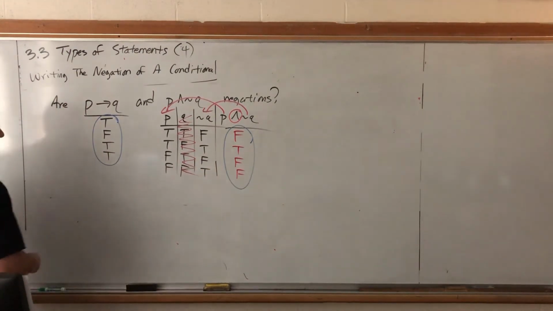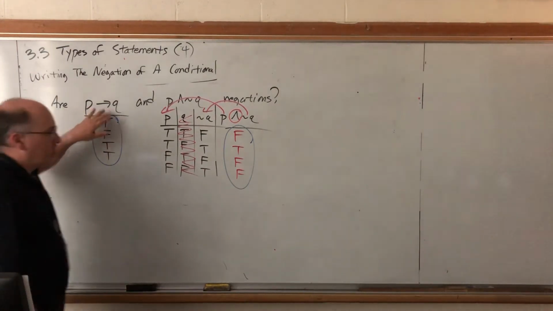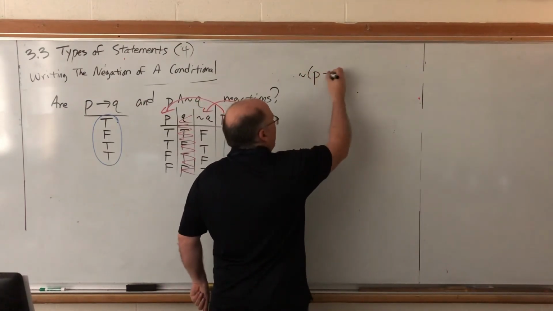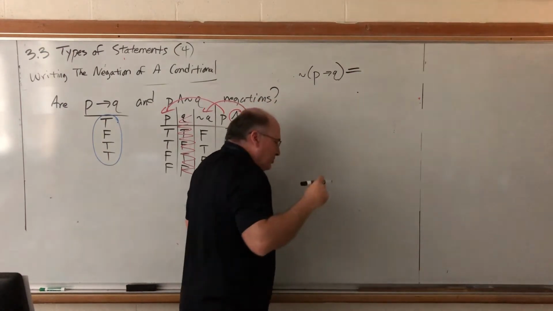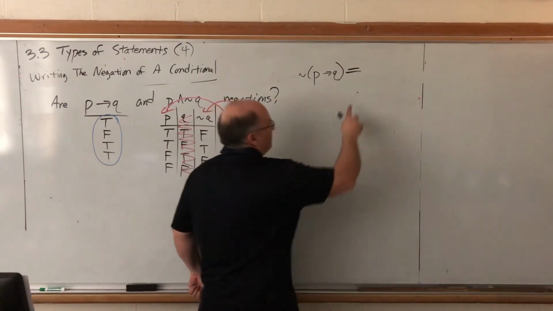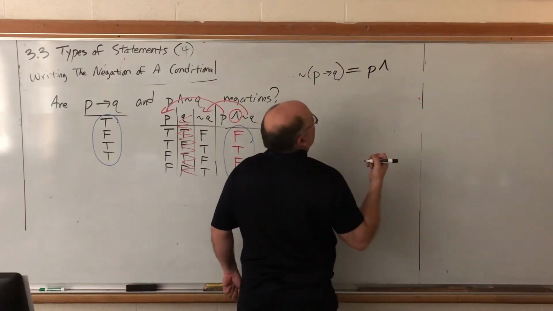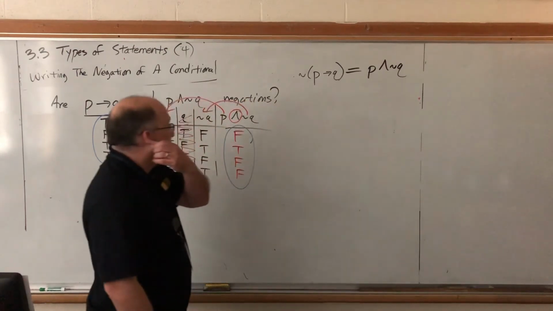So if we wanted to state symbolically the negation of a conditional, we could say the negation of P pointing to Q is equal to, and I'm cringing using the equal sign, P conjunction negation Q.